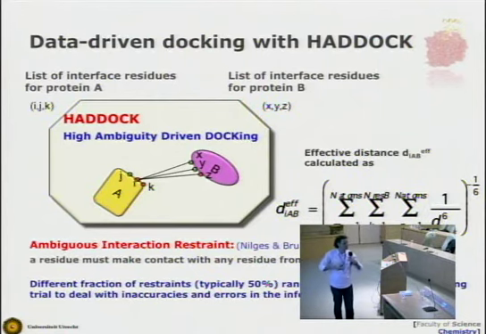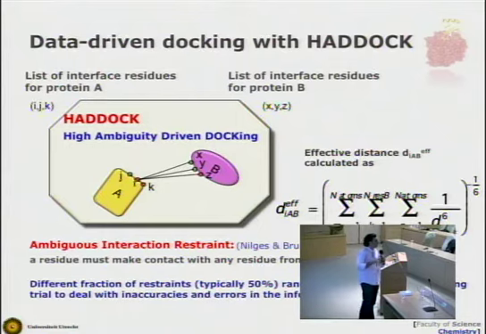So we have a network of ambiguous distance restraints that are basically bringing the interface together without defining which contact should be made. So the contacts can be ambiguous, the orientations are ambiguous, but we bring the interface together. And by minimizing an energy function, like a quadratic function, which is this distance minus the reference distance that we define, you can basically try to find a minimum to your search problem.